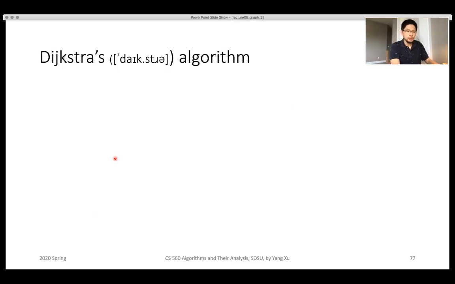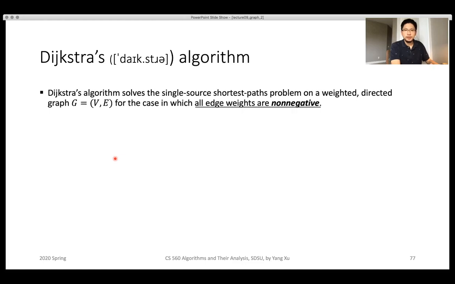Dijkstra's algorithm also has a constraint on the input graph. It requires that all the edge weights be non-negative, positive or zero. It's quite a different condition than the previous algorithms. So we shouldn't have negative weights when using Dijkstra's algorithm. This is a pretty strong constraint.